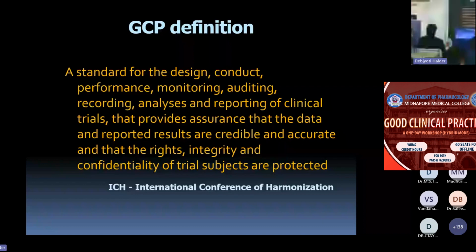Original founder members consisted of government representatives, drug regulatory authority representatives, and pharmaceutical industry representatives from 3 regions of the world, namely Japan, the European Union representing most of the countries in Western Europe, and the United States of America. Subsequently, more members have been added to it. So this was the definition proposed by ICH, and we are following the definition till now.